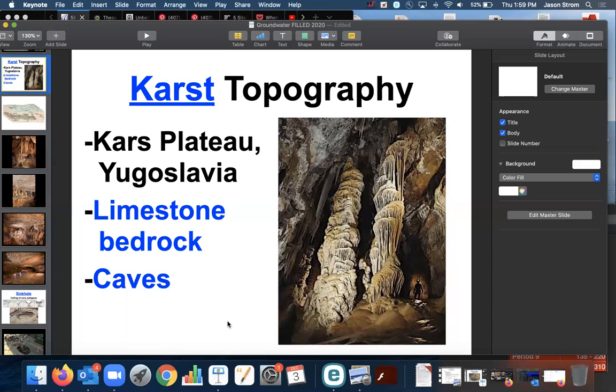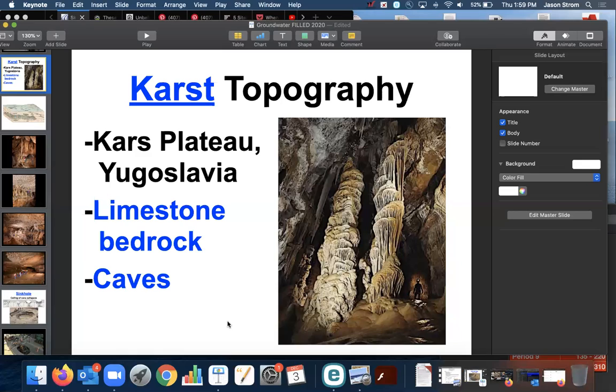You might be asking, well, why caves and limestone? I'm glad you asked. If you remember back, this is several sleeps ago, when we were talking about minerals, we talked about a mineral, calcite.